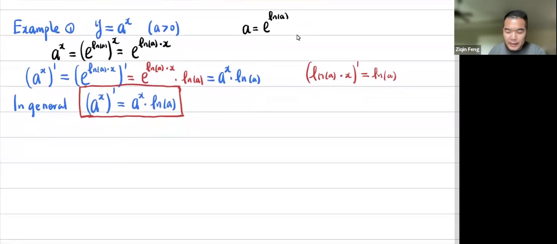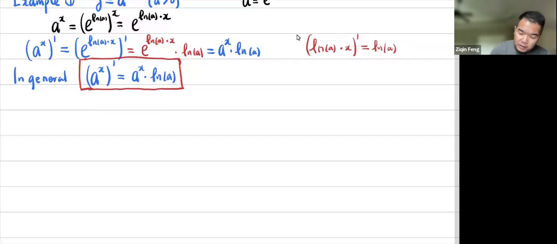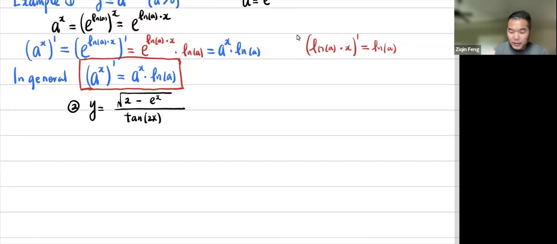Okay, now let's try to handle some complicated functions. As example 2 here, we have y equal to square root of 2 minus e to the x, over tangent of 2x. Look at our function.